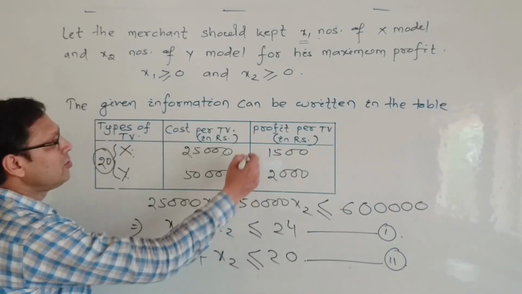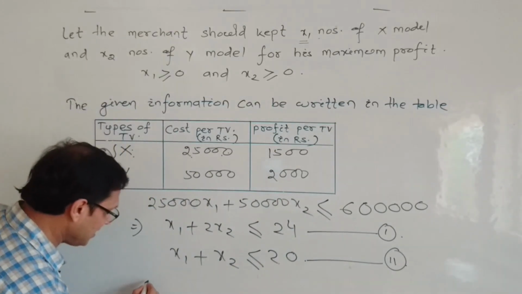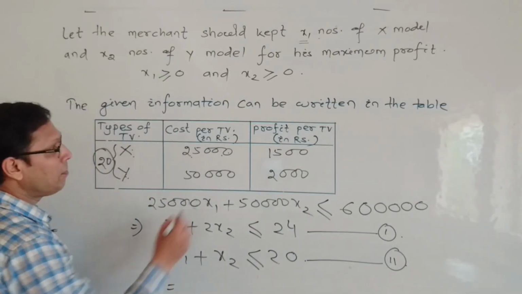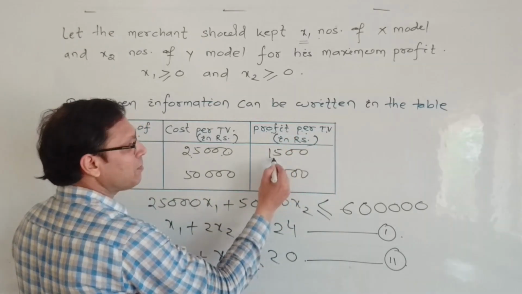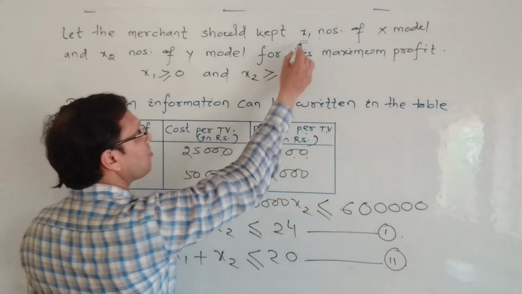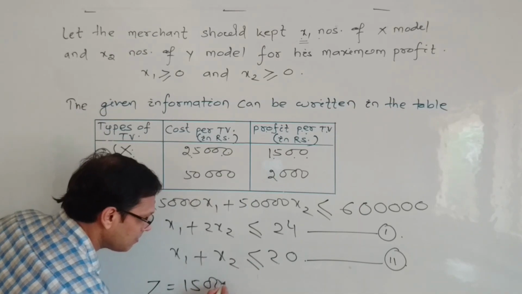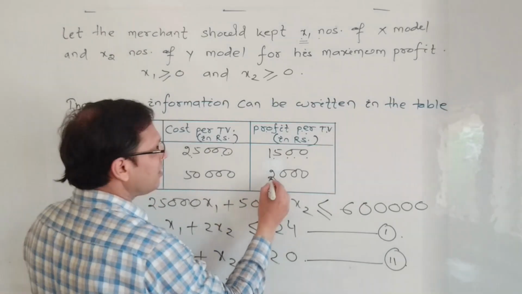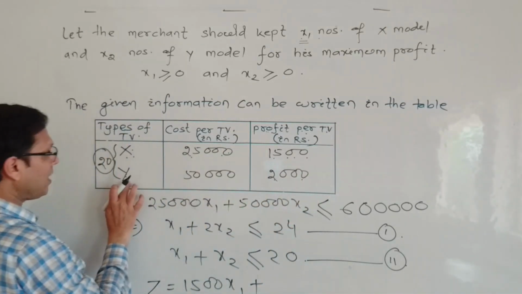Okay, now to get the profit, that is the objective function. So Z is equal to profit per TV. Profit per TV is 1500 for X model. That means for X1 numbers of TV, 1500 X1 profit, and profit per TV is 2000 rupees for Y model.